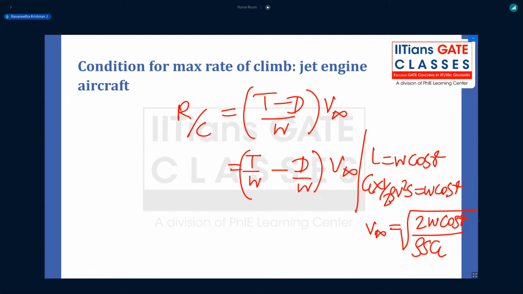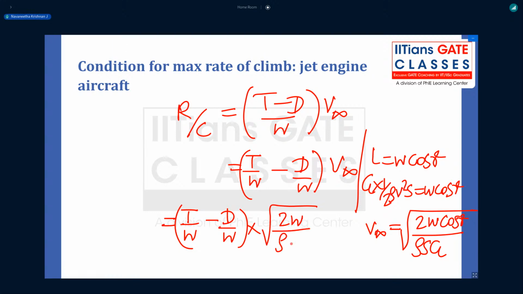So my equation becomes thrust by weight minus drag by weight, into root of 2W by rho S CL.